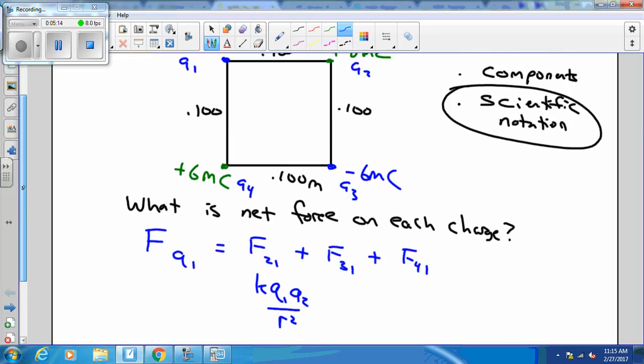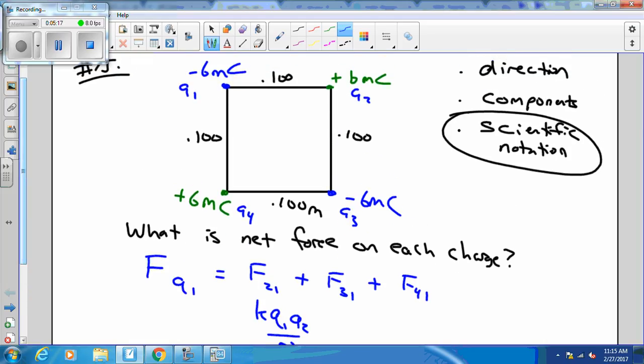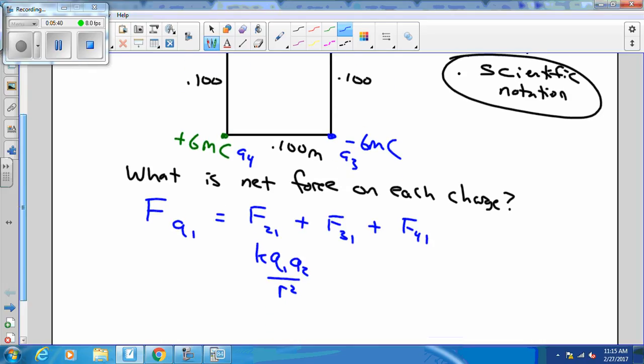Now here, it makes sense to me that because I have 1, 2, 3, 4 charges that are equal in magnitude, I can just leave this as Q and fill in the 6 millicoulombs later. Which makes sense? Well, KQ1, Q2 over R squared is equal to F21, the force that 2 exerts on 1, plus F31 plus F41.